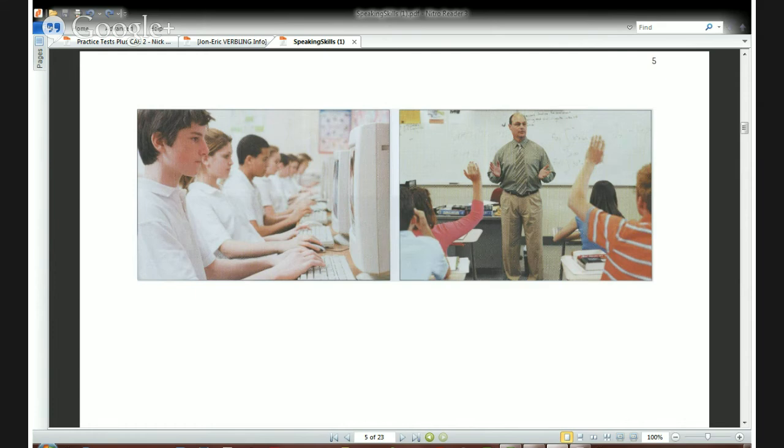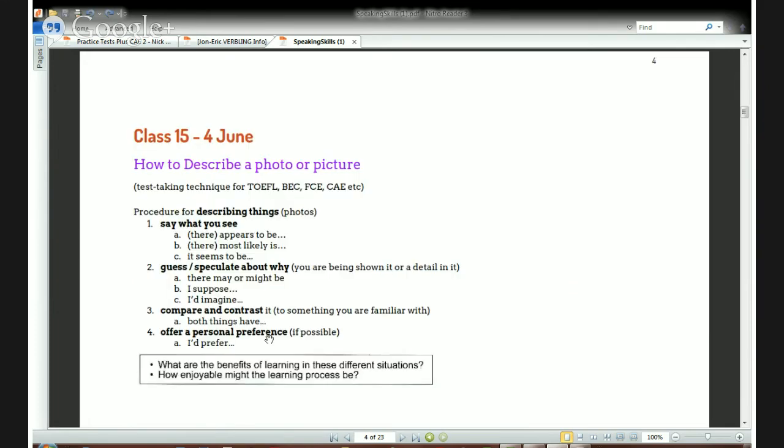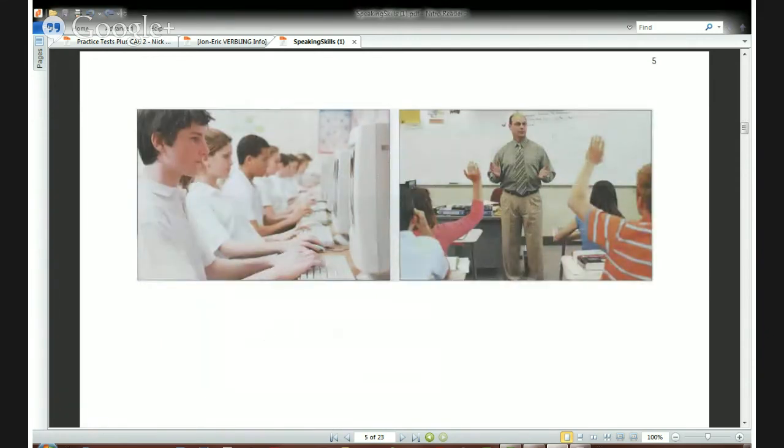If someone said to you, that prompt, well, what are the benefits of learning these situations? How enjoyable might the process be? You'd start off by saying, well, it seems, when I look at this picture, it seems to be a computer class for teenagers, and they appear very focused. You can tell because of the expression on their faces.